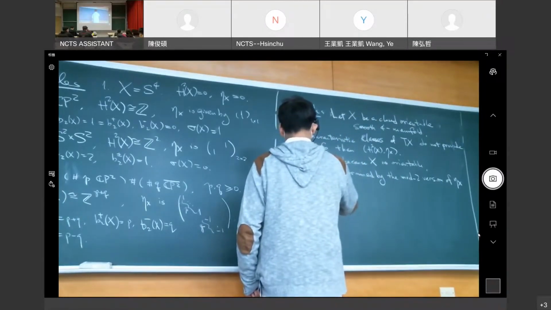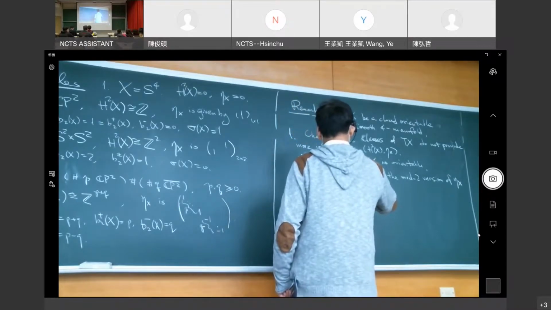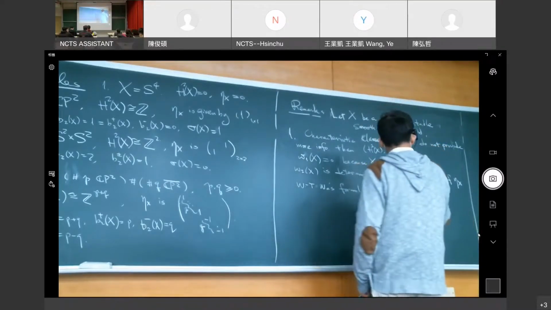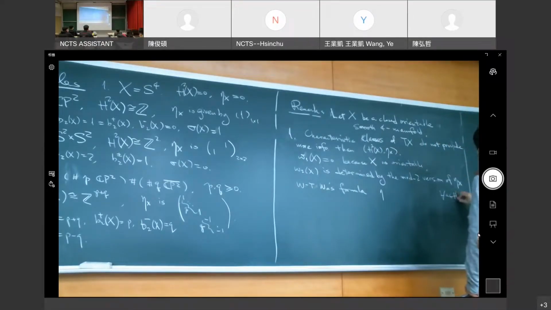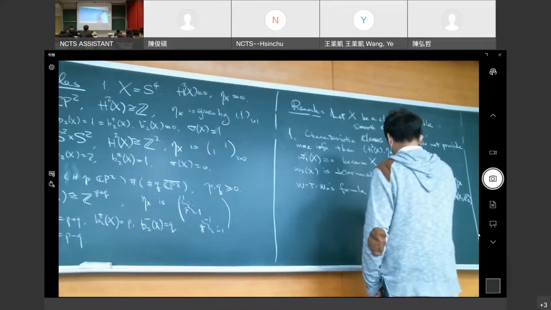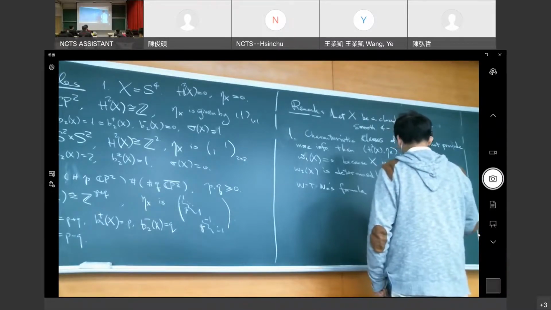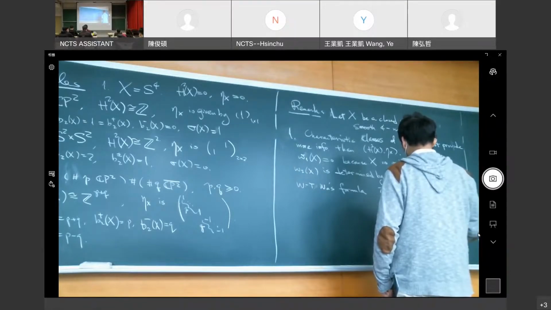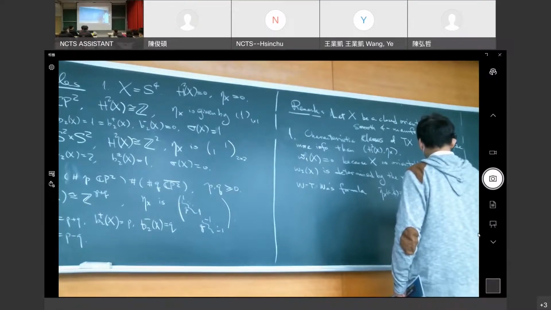There's Wu's formula, which says that if you look at any element A in the second cohomology with Z2 coefficients, then the pairing of A with itself is equal to the pairing of A with the second Stiefel-Whitney class. And these are in Z2.